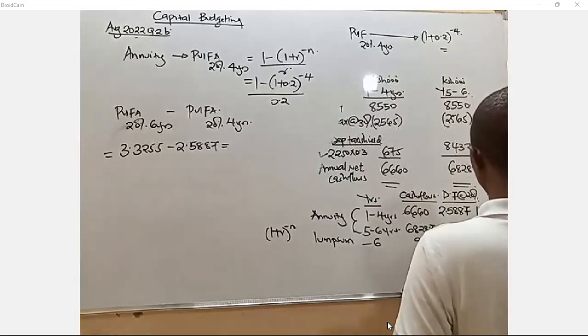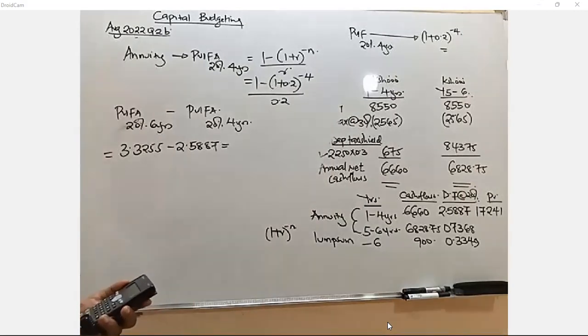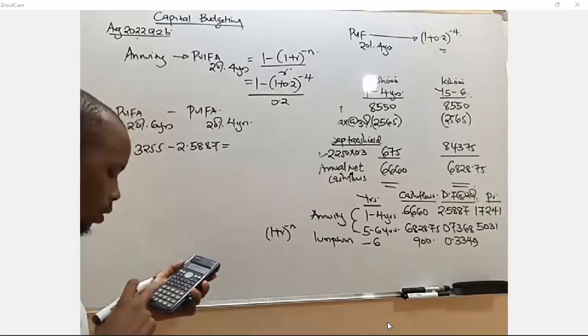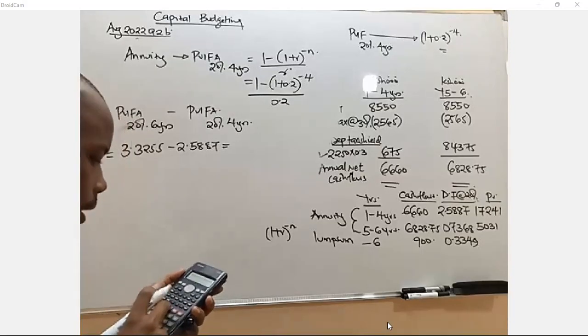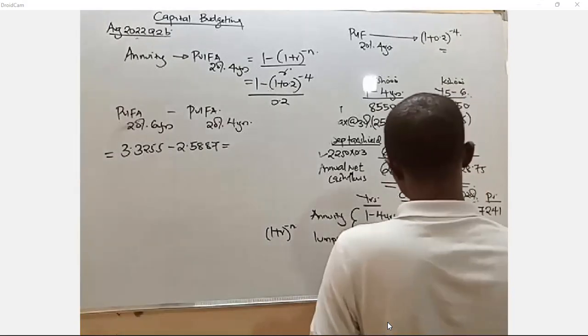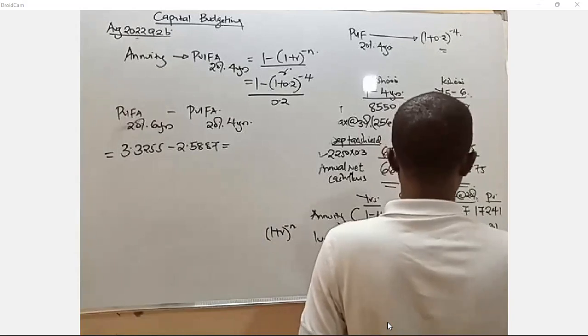Getting 17,241. Then the other one will be 6828.75 times 0.7368. We are getting 5031. Then the other one will be 900 times 0.3349. We are getting 301. So what is the present value of the cash inflow?